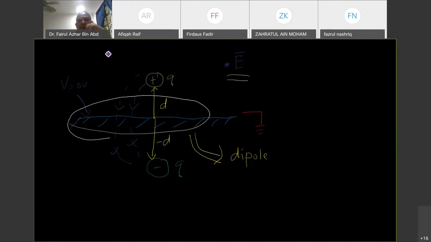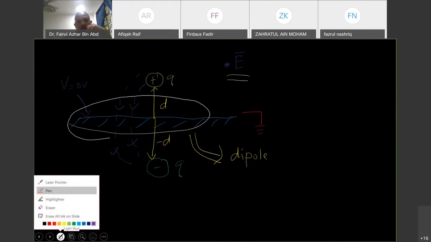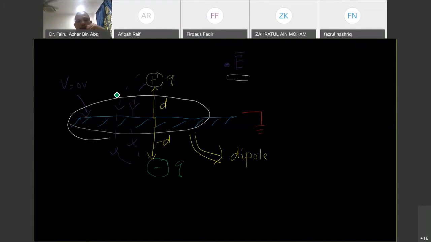In a dipole arrangement like this, at the center between the charges we will have zero potential.